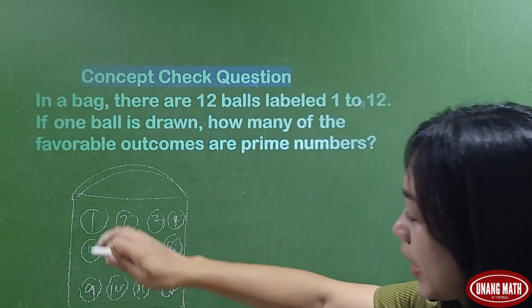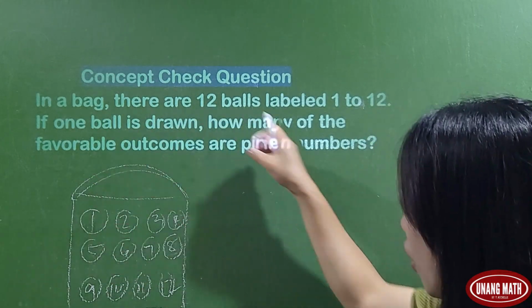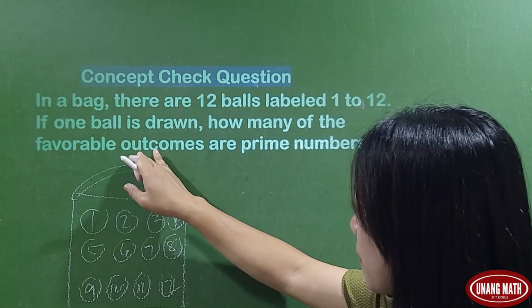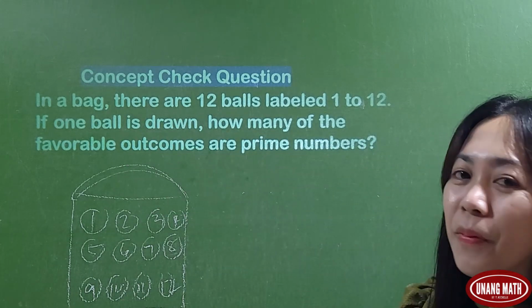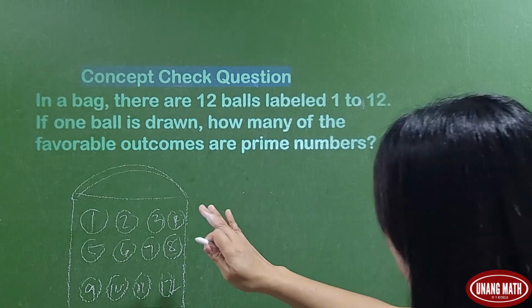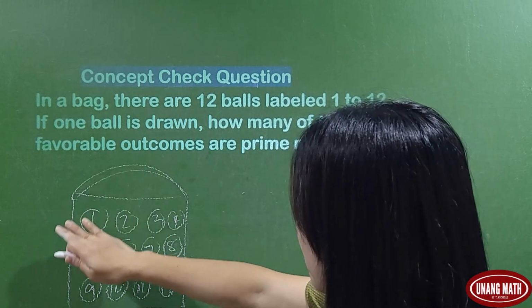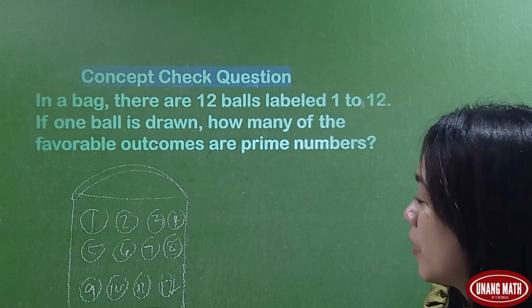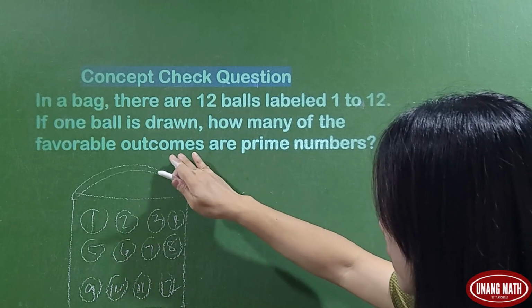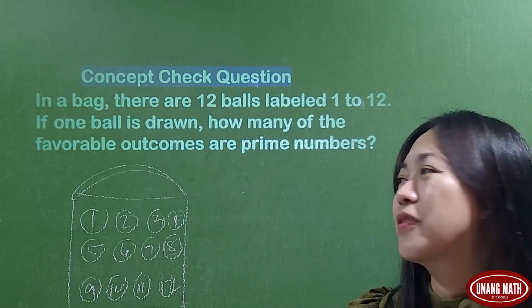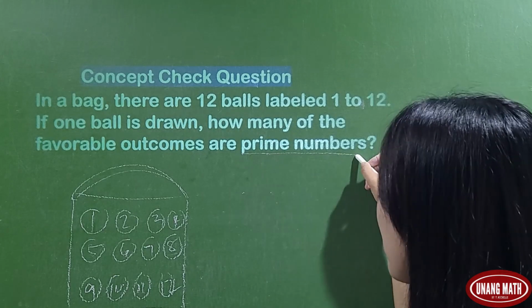If one ball is drawn, how many of the favorable outcomes are prime numbers? So from these 12 balls labeled 1 to 12, what are the prime numbers?